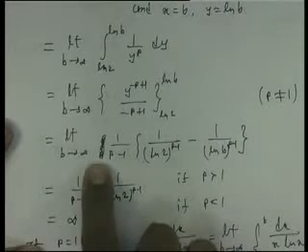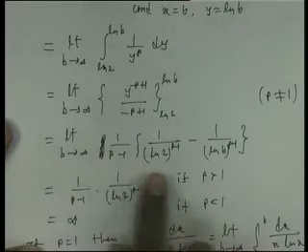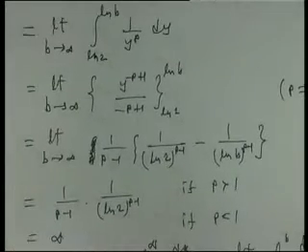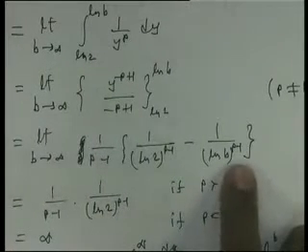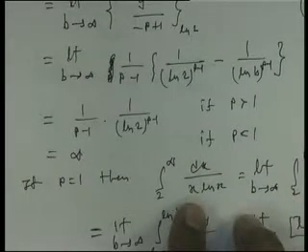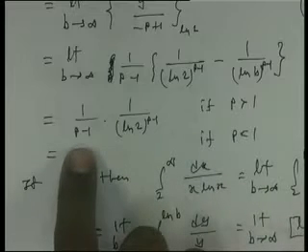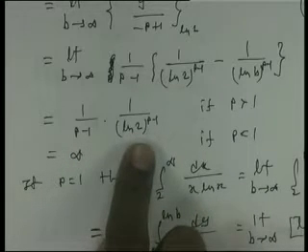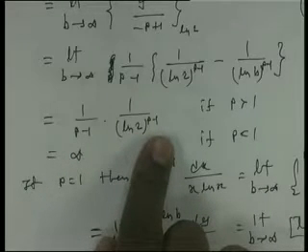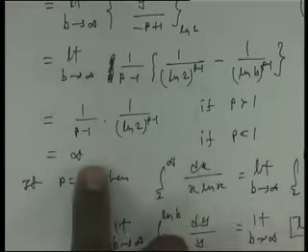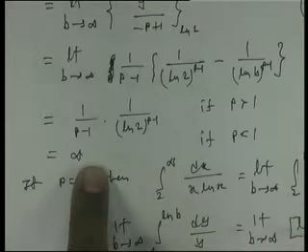So limit b tends to infinity 1 upon p minus 1 into 1 upon log 2 raised to p minus 1, minus 1 upon log b raised to p minus 1. When we apply the limit, in the case of p greater than 1, it is 1 upon p minus 1 into 1 upon log 2 raised to p minus 1, and in the case of p less than 1, we can see that it is infinity.